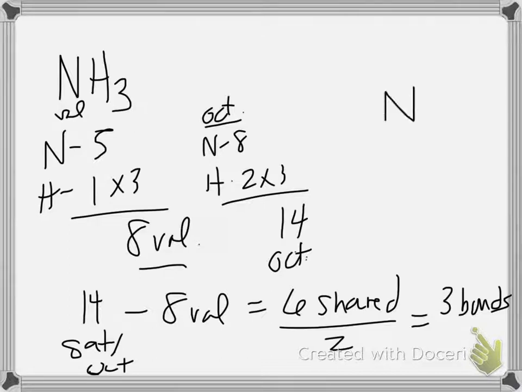Okay. First I guess we should ask how many unshareds are there? There are 2 unshareds because it has 8 and it's sharing 6. That means 2 are unshared.